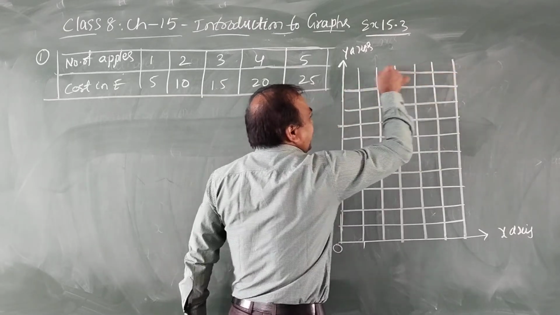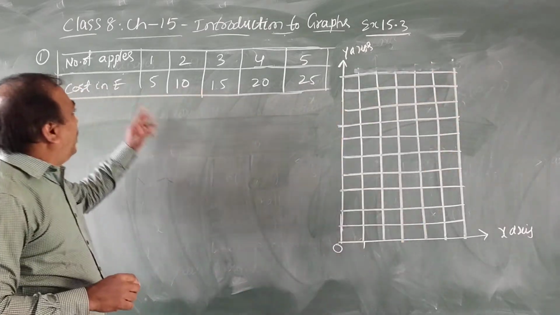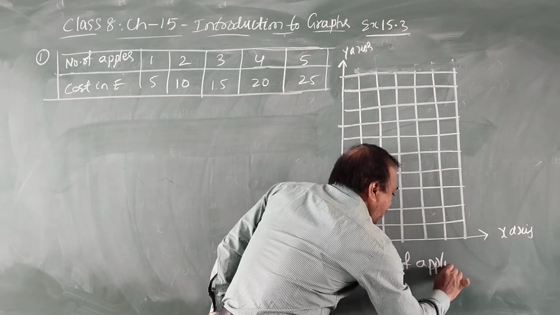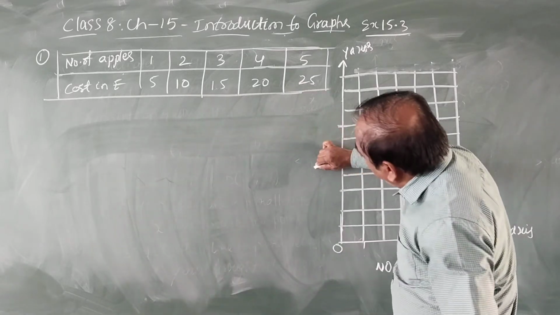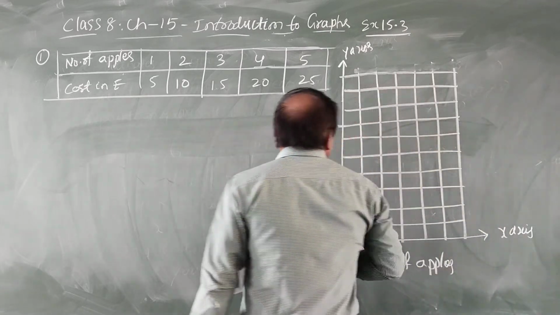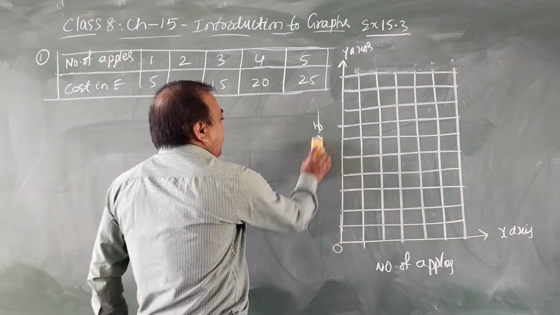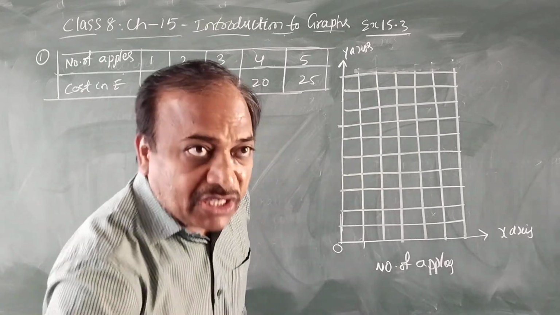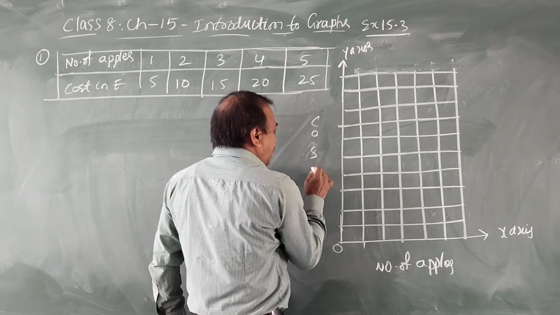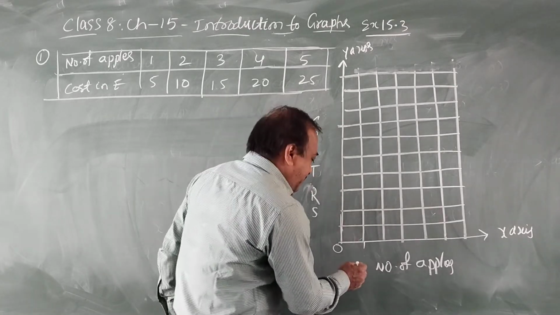If this is the graph sheet with the origin point, on the x-axis we take the number of apples, and on the y-axis we take the cost in rupees.